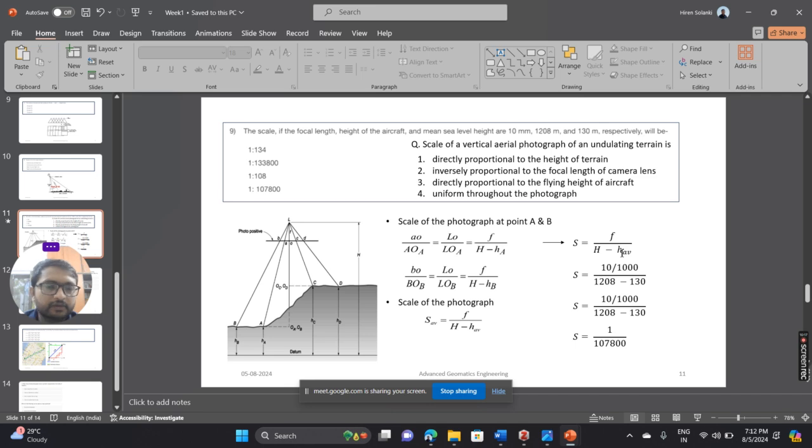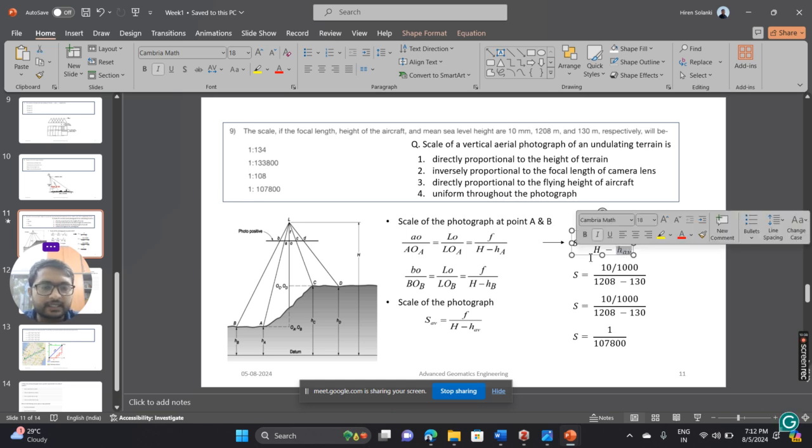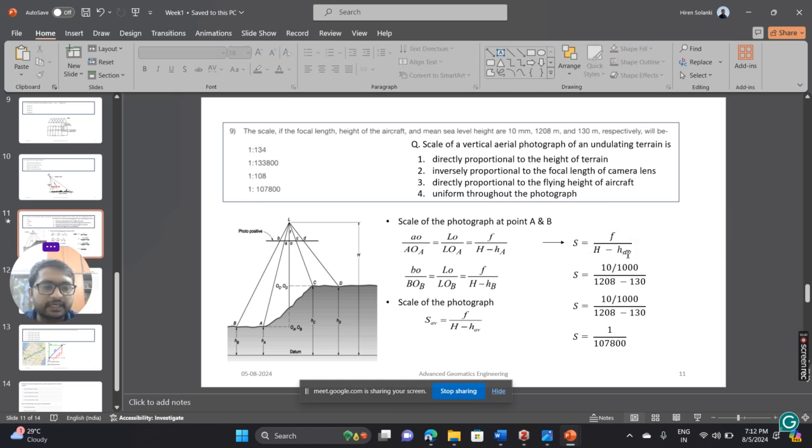Our flying height is constant. Let's say we are flying at 2000 meters, and when we increase the height of the terrain, like when we go up on the mountains, the denominator will decrease. So if we increase the parameter h average, this denominator will decrease, and if the denominator decreases, then the scale will increase.